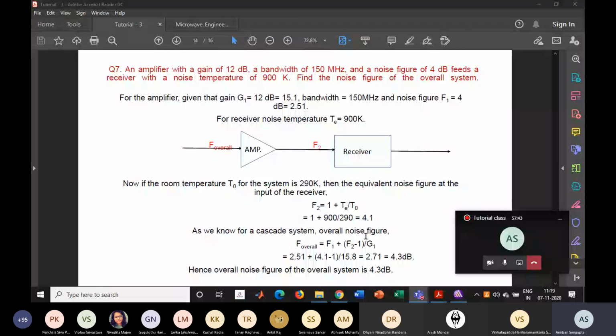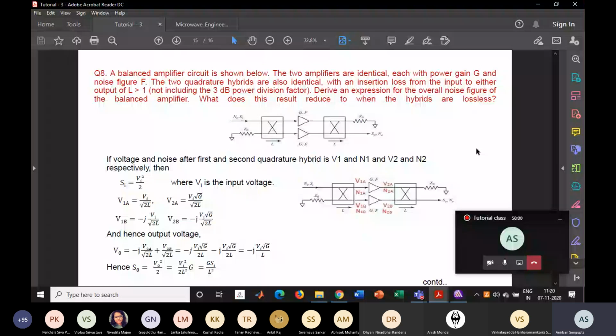This is a very simple question. In the second question, you have to do some mathematics. So let's see what the question says. A balanced amplifier circuit is shown below.